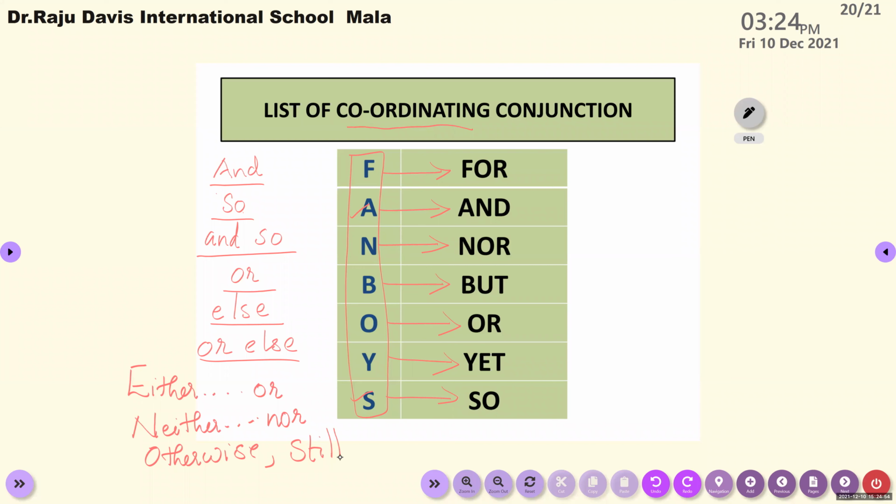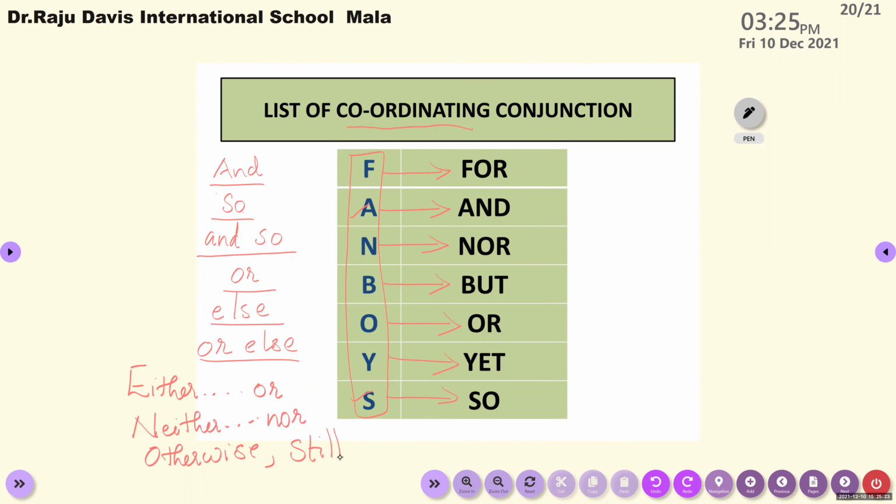So I request everybody to learn by heart the list of coordinating conjunctions, because when you want to make a compound sentence, you need to use one among these. If you find these conjunctions anywhere in your sentence, make sure that you label it as a compound sentence. These are called coordinating conjunctions because they are used to connect clauses of equal rank. What do you mean by clauses of equal rank?